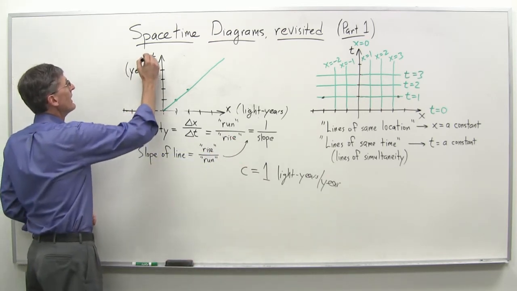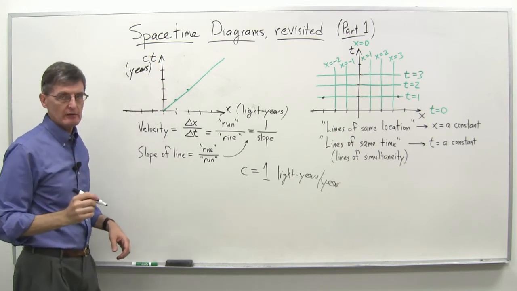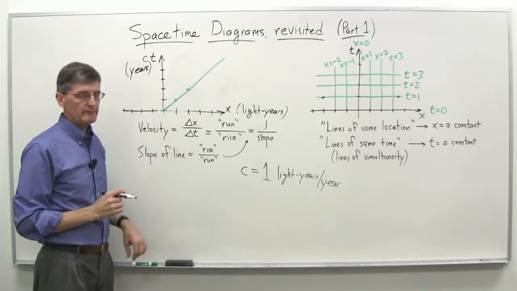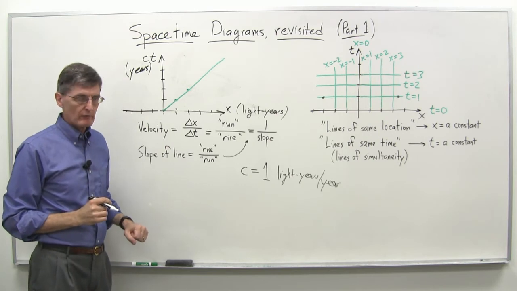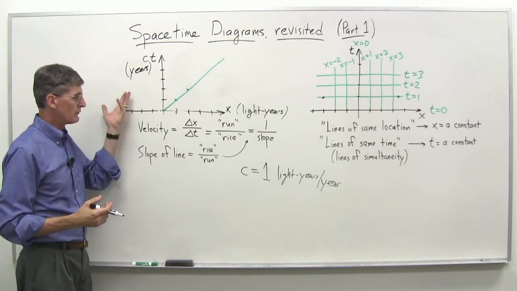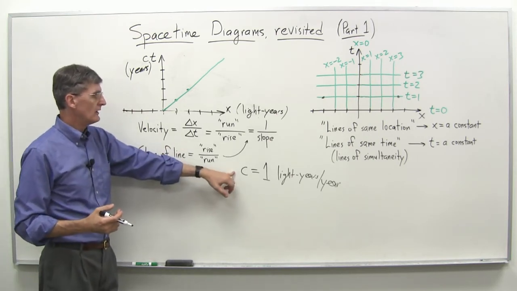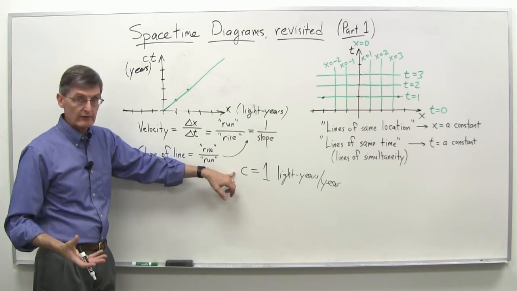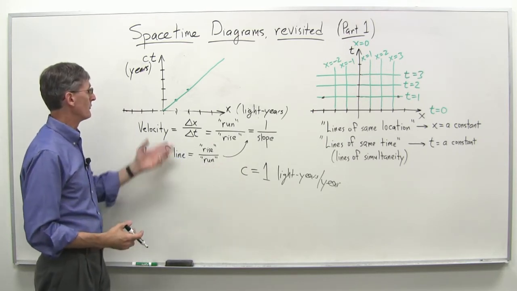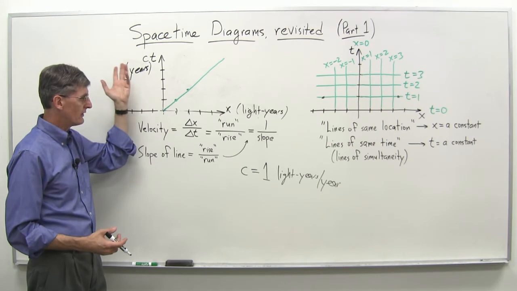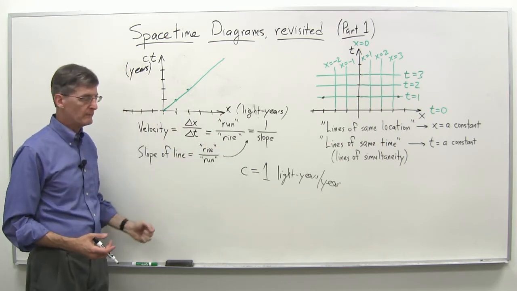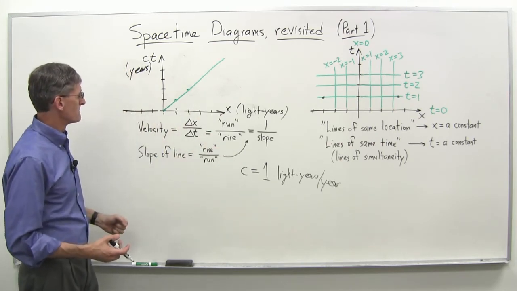Sometimes you'll see this as ct on the vertical axis there. Okay, we won't put that in. We're just assuming that c is in light years per year or light seconds per second, and so on and so forth. But if you see that, that essentially is the same thing we've got going on here.